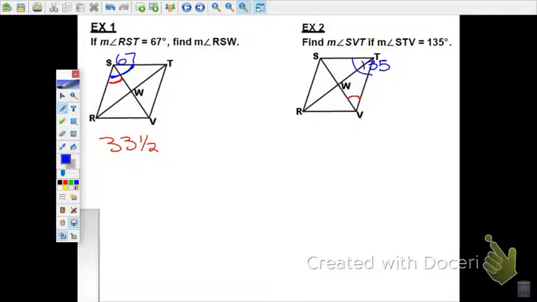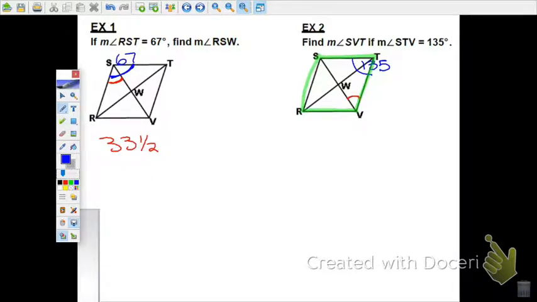So to start out, if I ignore those diagonals and I'm just looking at my rhombus, I know angle T in my rhombus is 135. How does that help me with any of my other angles? What do I know about angles in a rhombus, or angles in any kind of parallelogram?